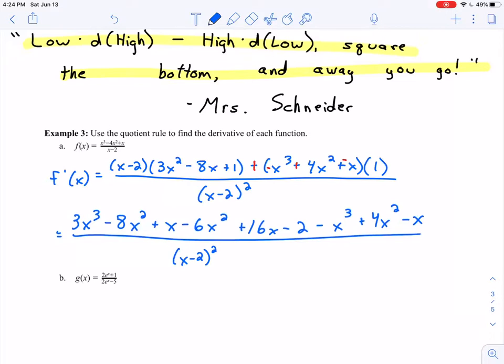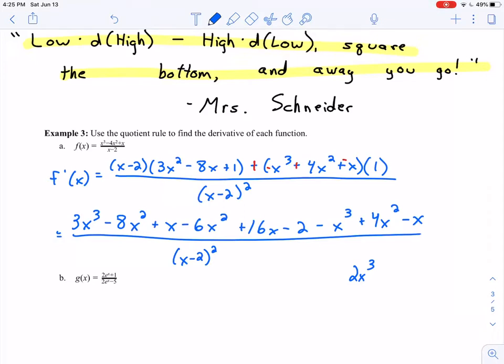At this point, my numerator is very long. All I need to do, though, is combine my like terms. That's really the only thing I'm going to ask you to do here. So let's see, I have 3x cubed minus x cubed, I will have 2x cubed. Negative 8x squared minus 6, I'll have minus 14.